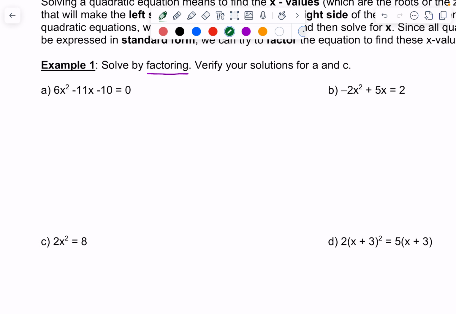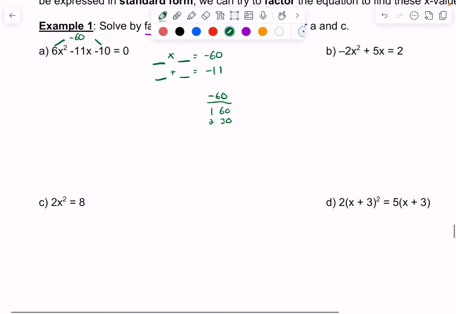So remember, you take the 6, you take the negative 10, multiply them, so you get minus 60. You need two numbers that multiply to give you minus 60, and you need those same two numbers to add up to give you negative 11. So go through your multiples of 60: 1, 60, 2, 30, and you just keep going until you can get some combination of 11.